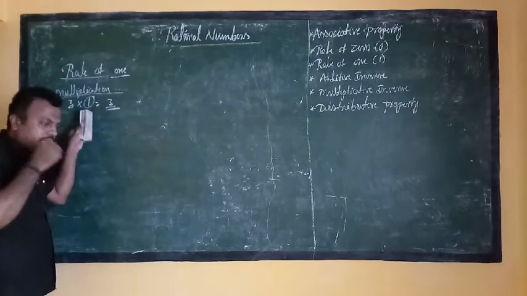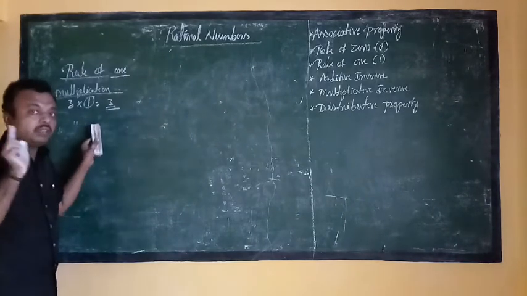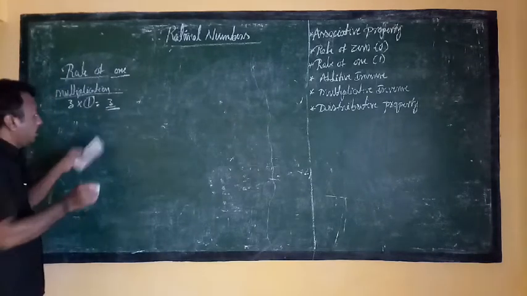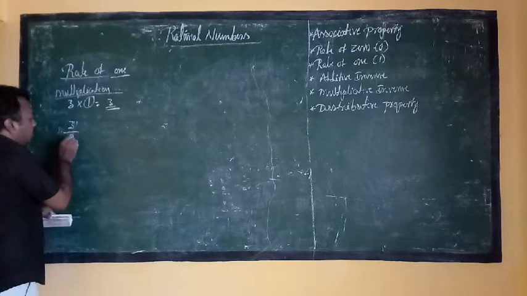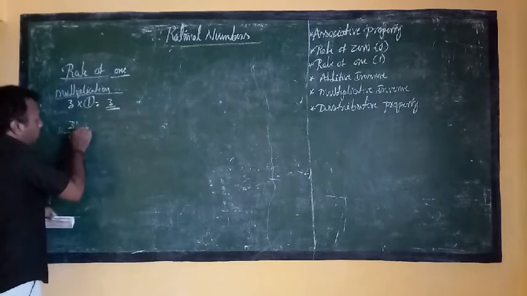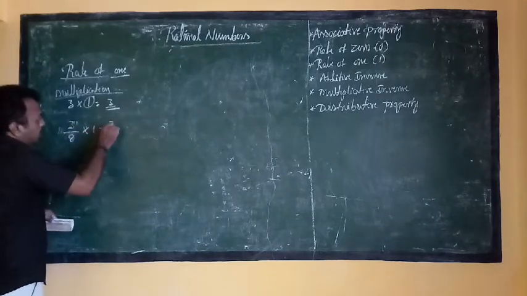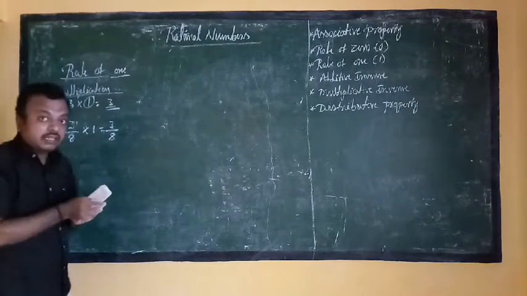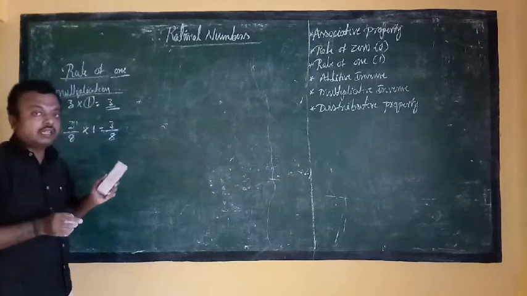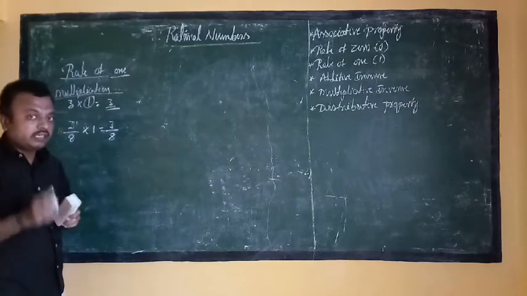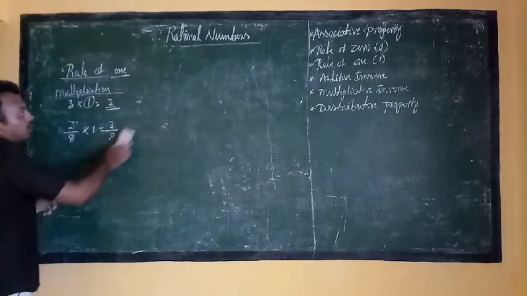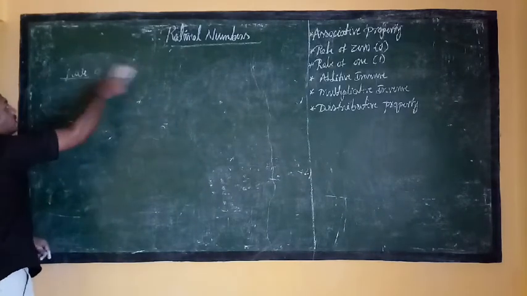If you take any rational number and multiply with 1, the result remains itself. 3 by 8 into 1 is nothing but 3 by 8. If you multiply with 1, the result is itself only. Therefore 1 is the multiplicative identity, 0 is the additive identity. Got it? Next, additive inverse.